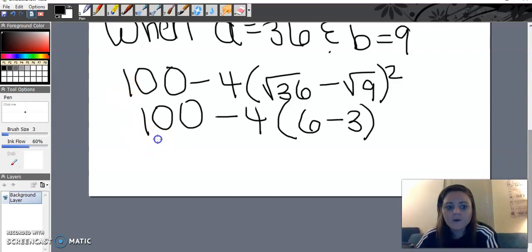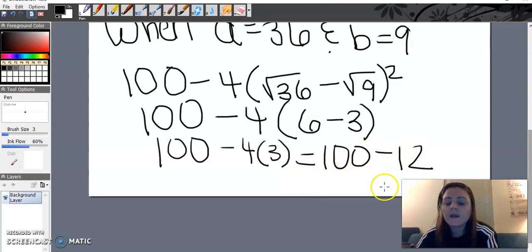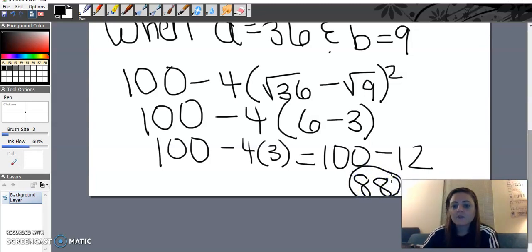So we have 100 minus 4 times 3. 6 take away 3 is 3. Then this all equals 100 take away 12. And 100 minus 12 is 88. So 88 is your final answer for that.